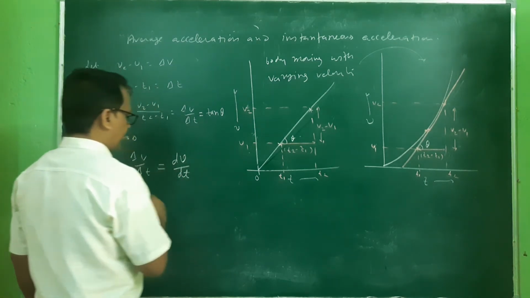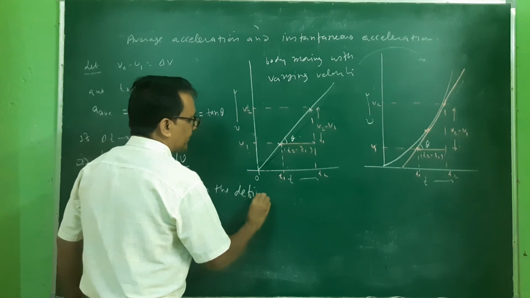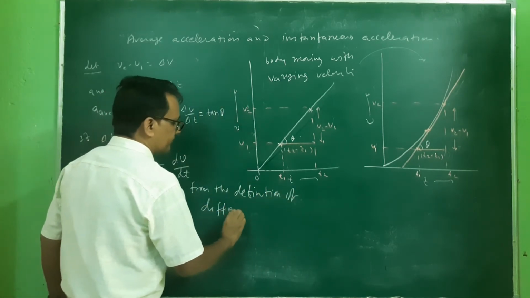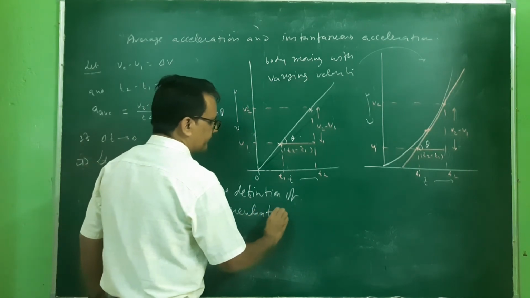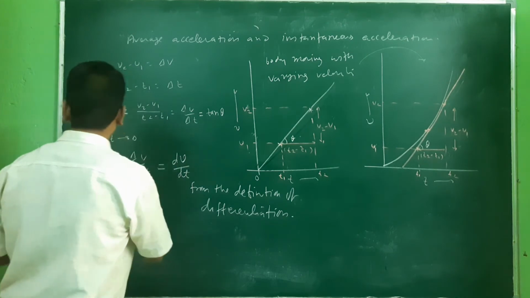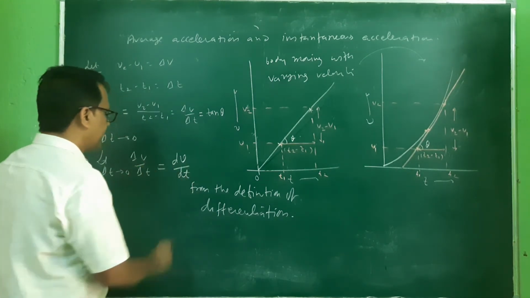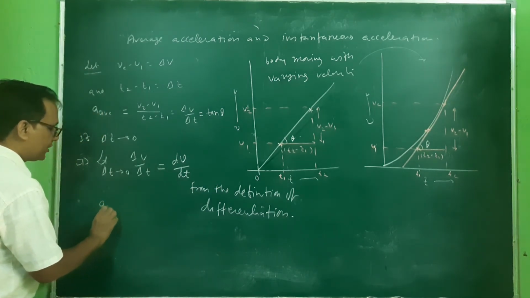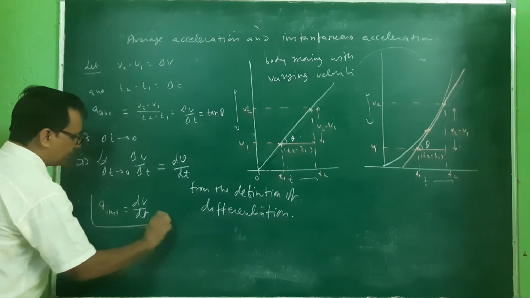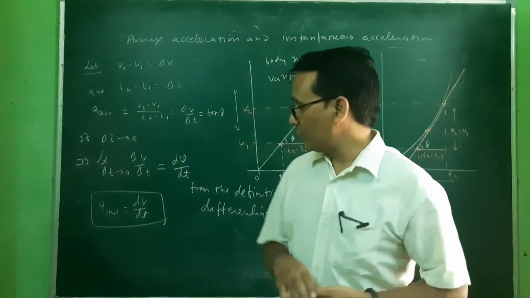So this is from the definition of differentiation. From the definition of differentiation, one can write the limit delta t tends to 0 of delta v by delta t is equal to dv by dt. So this is known as instantaneous acceleration, represented by the derivative of velocity with respect to time.